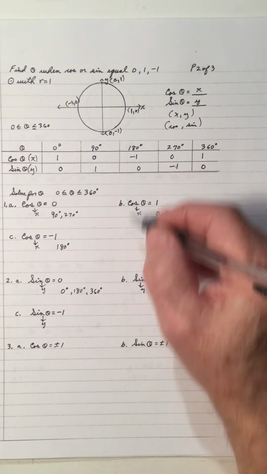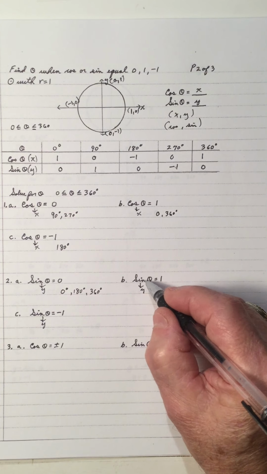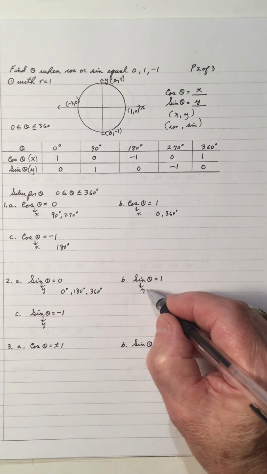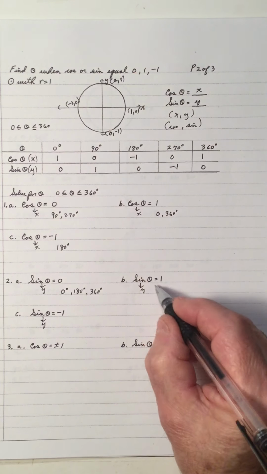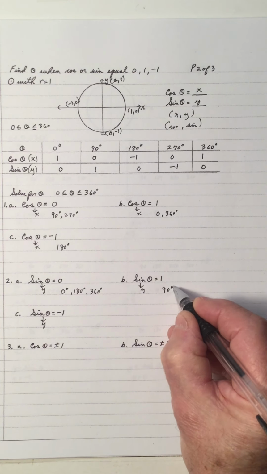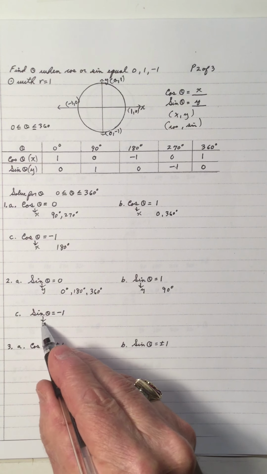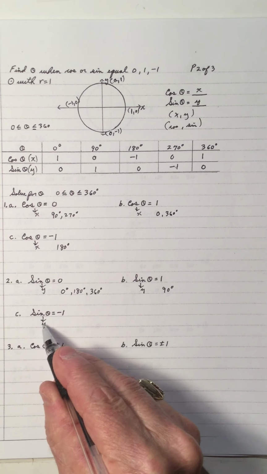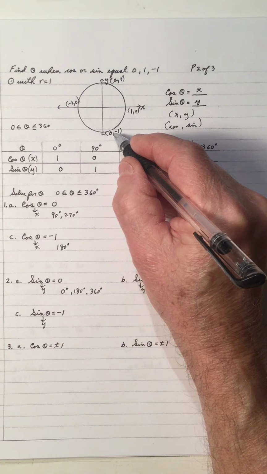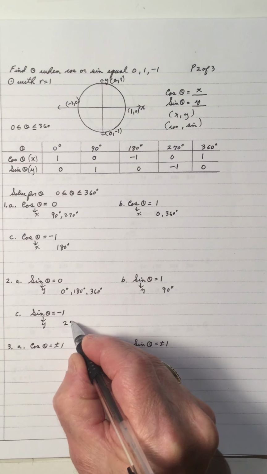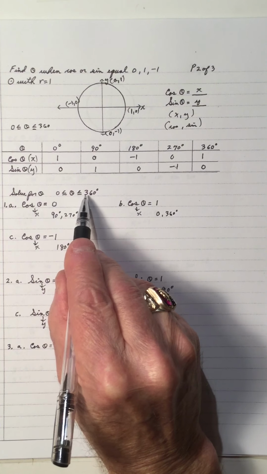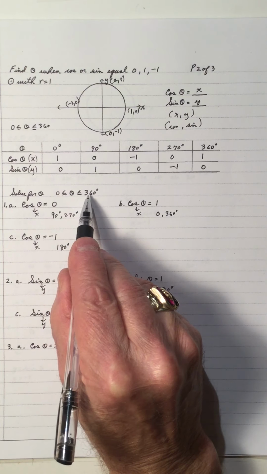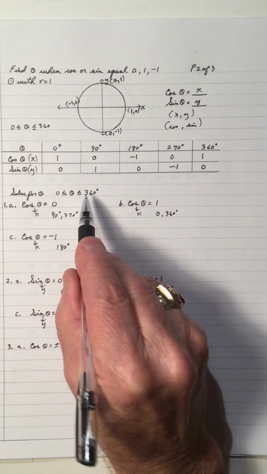Where's sine 1, where y is 1? Y is 1 at 90. And where is sine negative 1? Where y is negative 1, and that's at 270. Again, notice that all these angles are positive because we're picking them up between 0 and 360, inclusive.